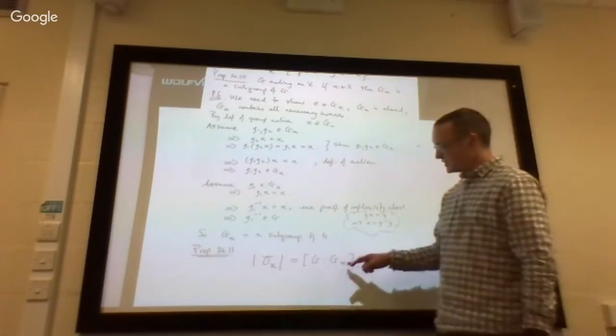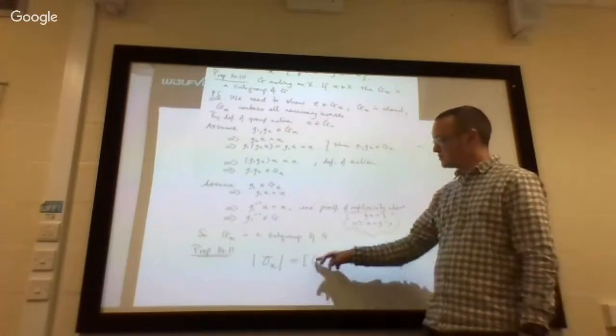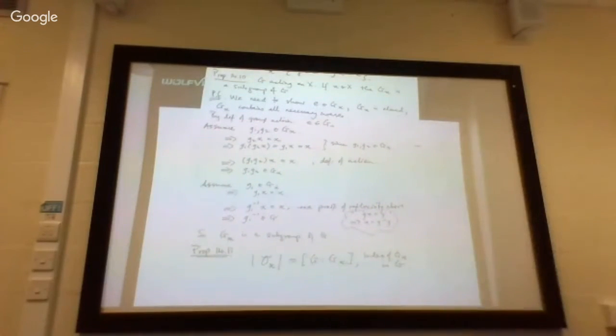You can form this for any subgroup of a group G. Now the index of a subgroup in G equals the number of cosets of Gx in G, which in the case of finite groups reduces quite simply to the quotient of the sizes.